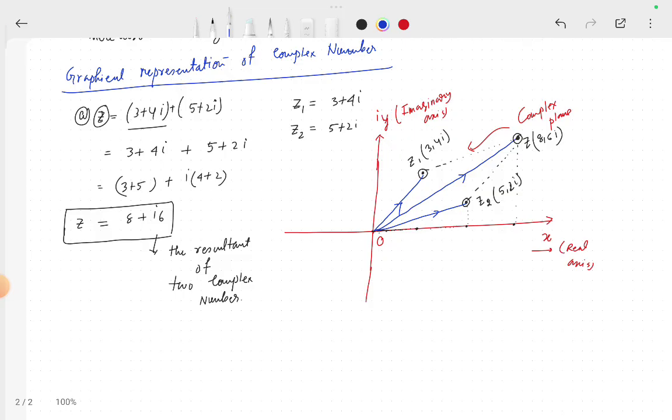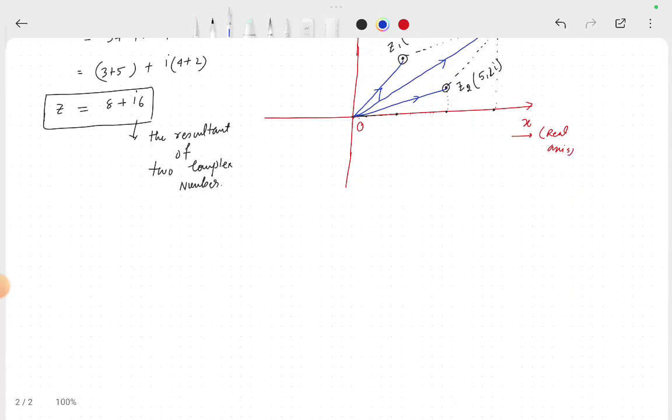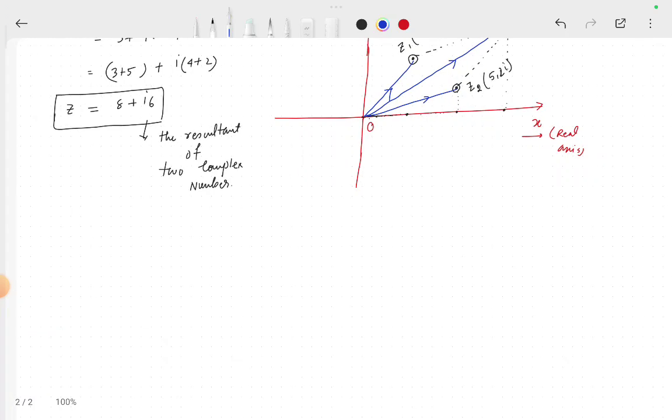Let's take another complex number to understand properly how to represent a complex number in a graphical way. Let Z equal 6 minus 2i minus (2 minus 5i).